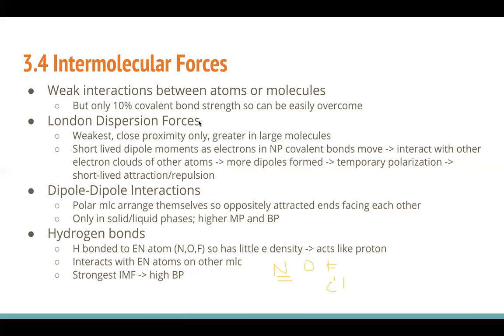This is what you're going to see on the MCAT. Carbon is not very electronegative at all. Nitrogen is pretty electronegative. Oxygen, fluorine, chlorine, bromine. Sulfur, yeah, because these are the elements that we're most likely going to see on the MCAT.